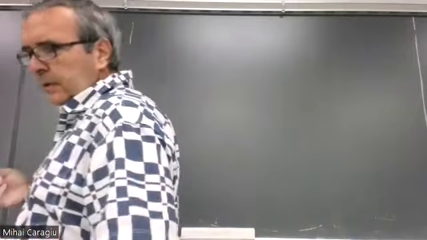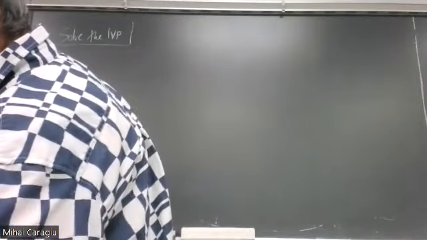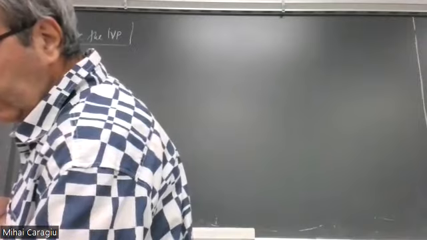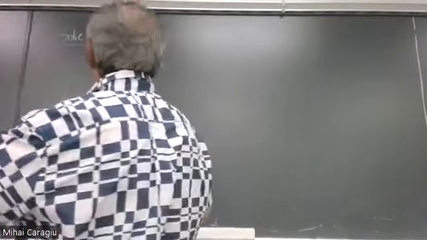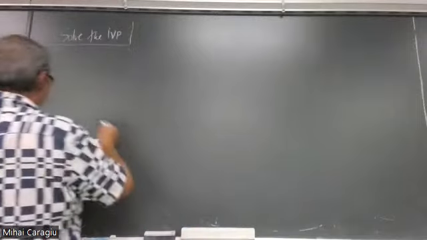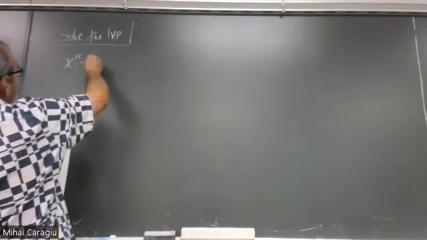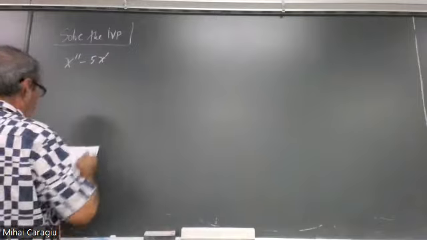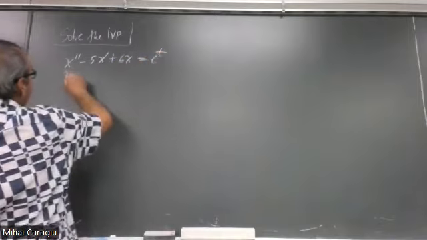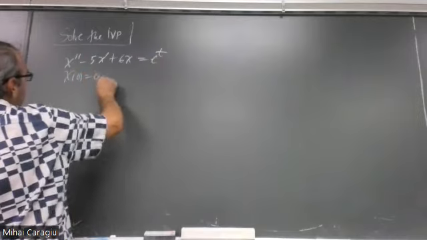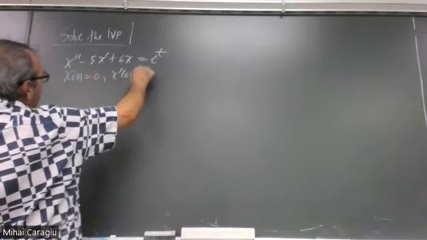This is not in the homework, it's in addition to the homework. So we solve the following initial value problem: x second minus 5x prime plus 6x equals e to the power t, x of 0 equals 0, but x prime of 0 equals 1.